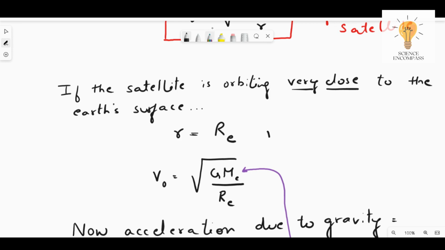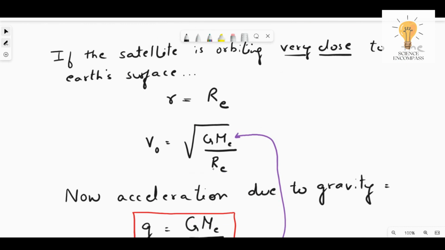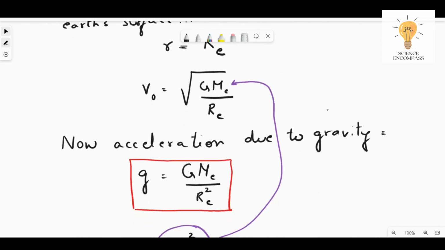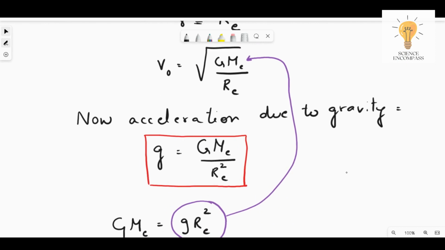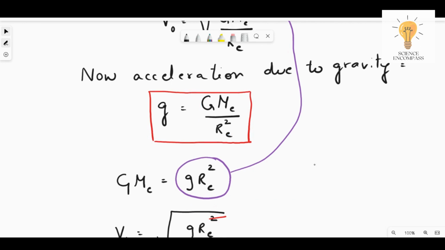All right. And then we have just rewritten the formula that we got over there, over here. Instead of putting the little r, we have put the bigger R, the radius. Now since we're talking about velocity, definitely we have to talk about acceleration. The formula for acceleration due to gravity is g equals the gravitational constant times the mass of the Earth divided by the distance squared, the radius of the Earth squared.